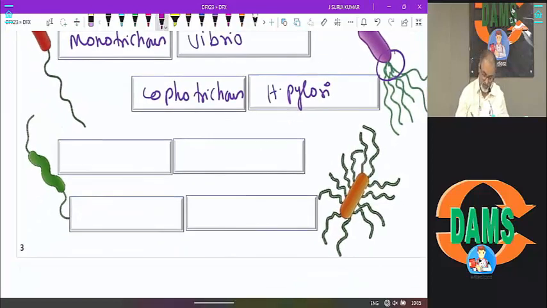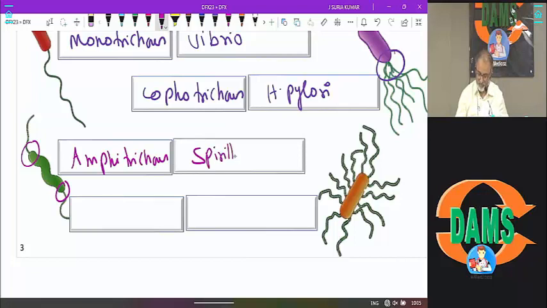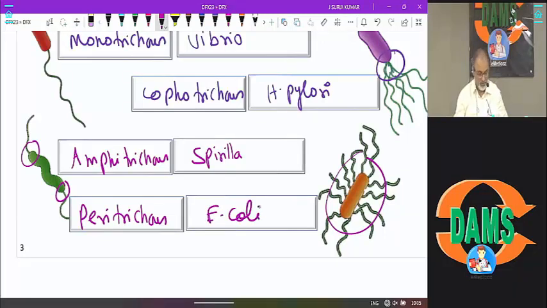Next is, what is it? Both sides. Amphitrichous. Just recollect. Spirillum. Excellent. Spirilla. And all over the body, peritrichous. E. coli. Very good. That's all, that only we need, my dears.